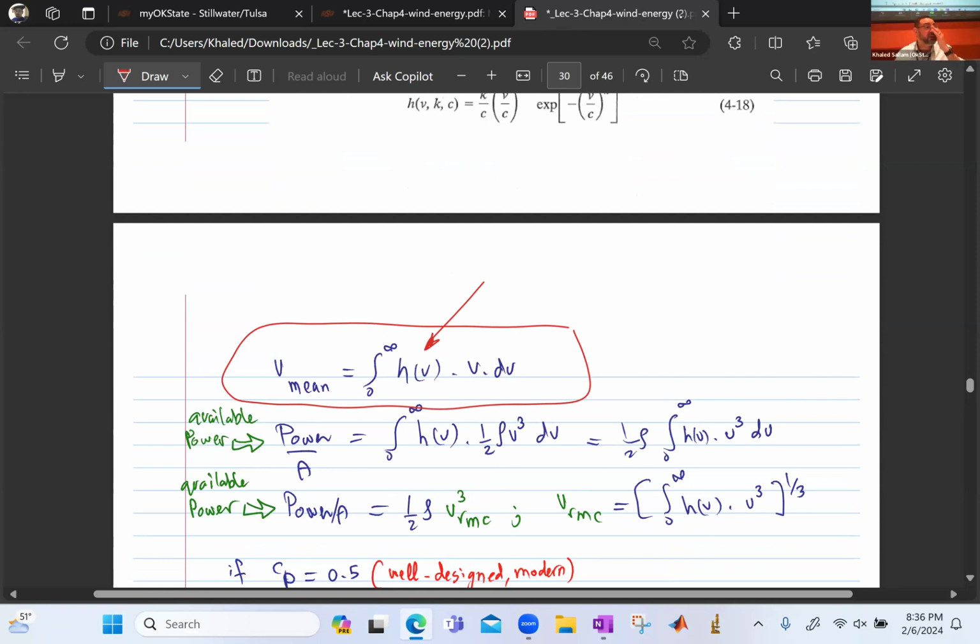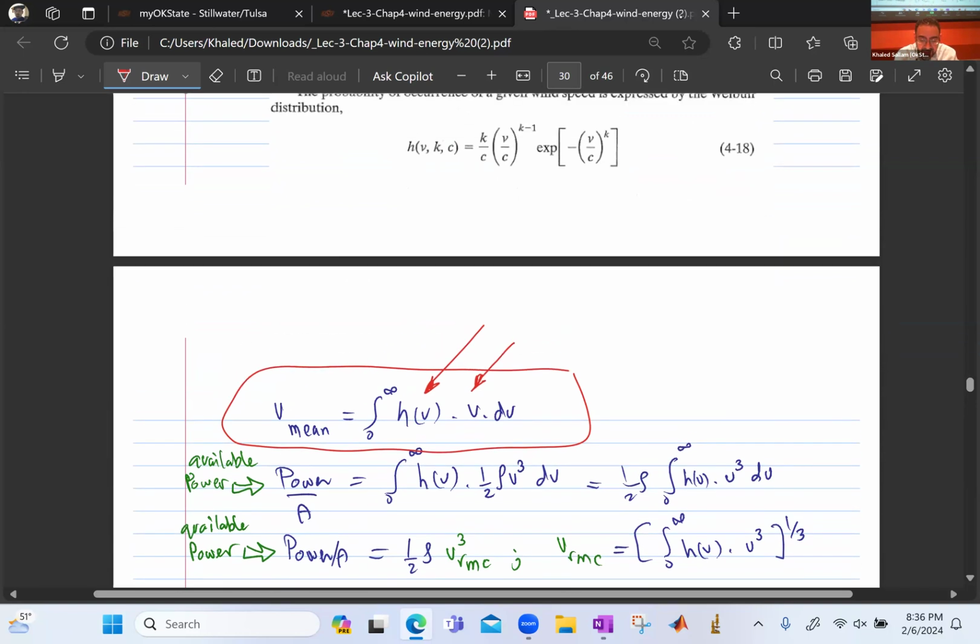Every distribution describes something in physics. The way to get the average for all of them is to multiply the distribution with V. What do you mean? Well, that's the K over C multiplied by V over C, to the power K minus 1, multiplied by E to the power minus V over C to the power K.